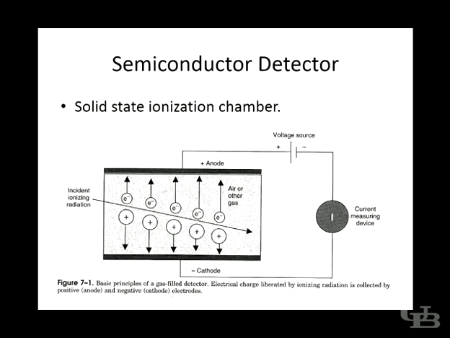So when you have the electric field built up over this solid semiconductor material, and ionization charges are produced by radiation, the electrons from ionization will move because it's a semiconductor.